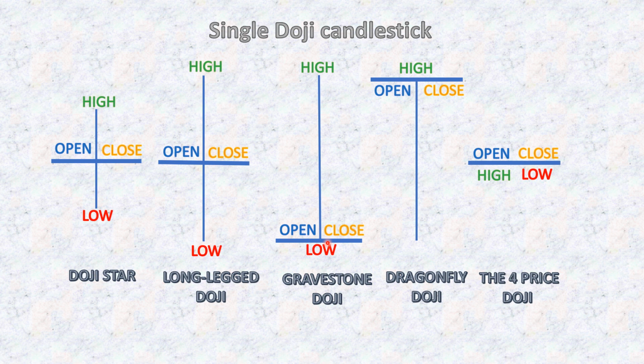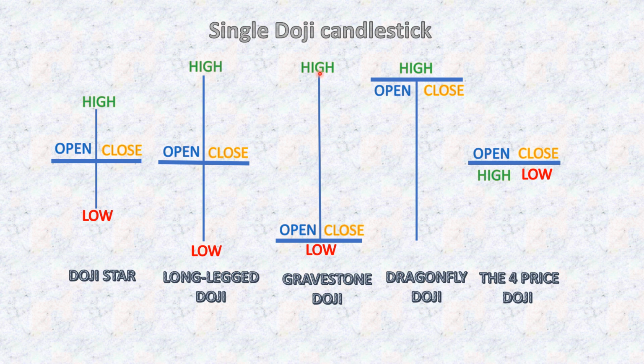Gravestone doji. This doji appears at the top of an upward trend. Open, close, and low are at the same place. The price opens here and goes up because of the buyer power.